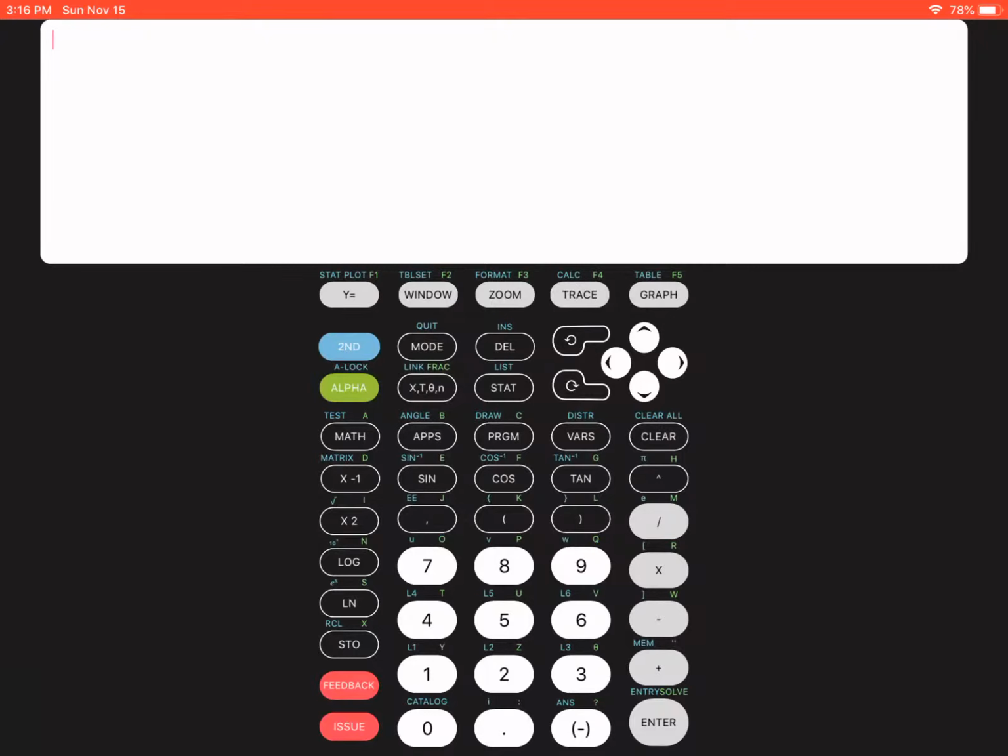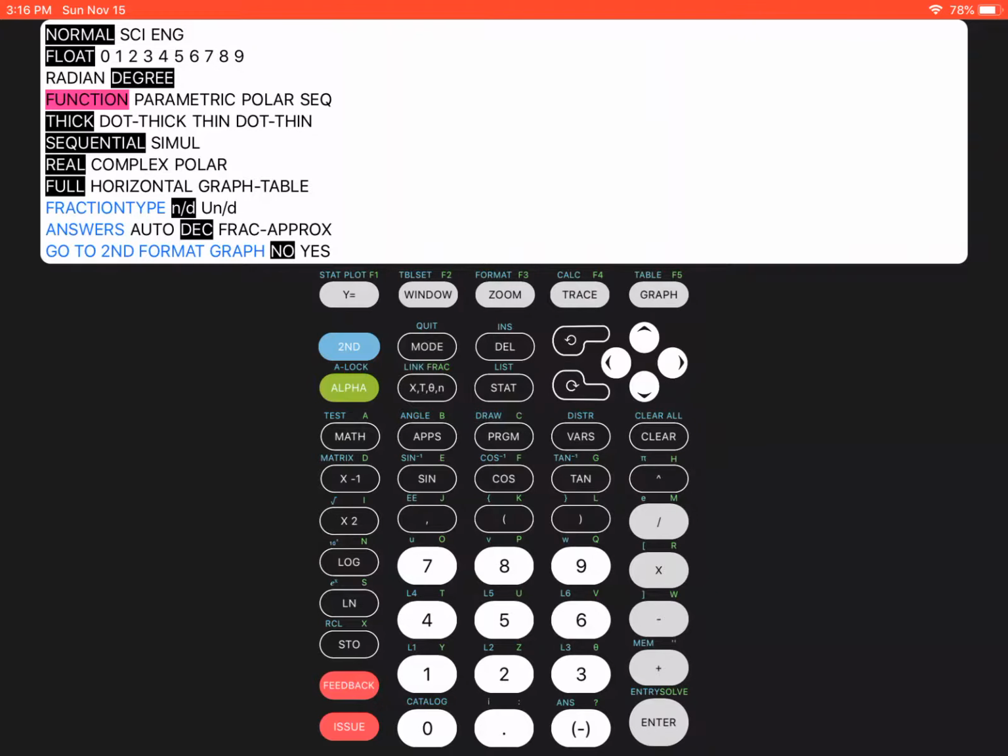What you're going to have to do is go up near the top left, to the right of the blue second button, where you see the word mode, and click mode, and go down to the third one. If your calculator is on radian, take it off and put it on degree. Make sure it's on degree, and then you're going to have to hit the enter button.